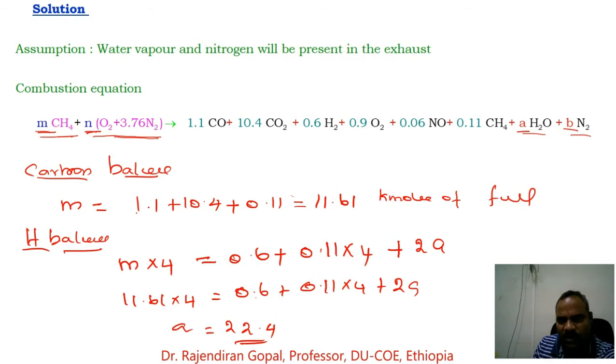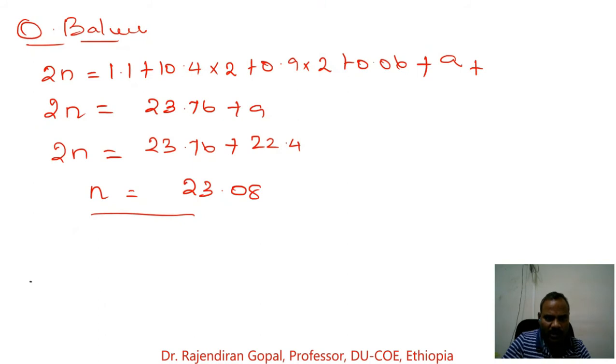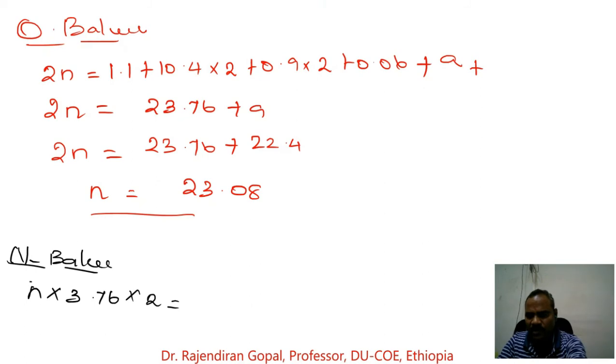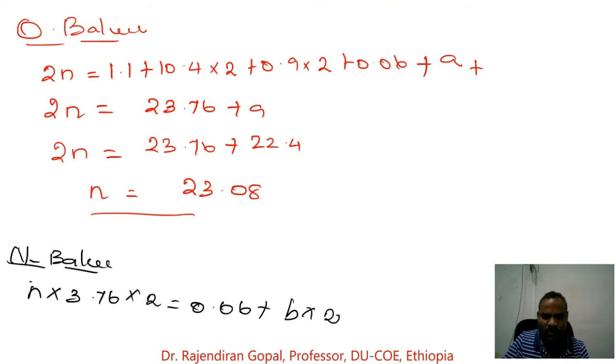Now the unknown term is the amount of nitrogen in the emission. So when making a nitrogen balance, N amount of air into 3.76 multiplied by 2 nitrogen is equal to 0.06 amount of NO plus B into 2 nitrogen.